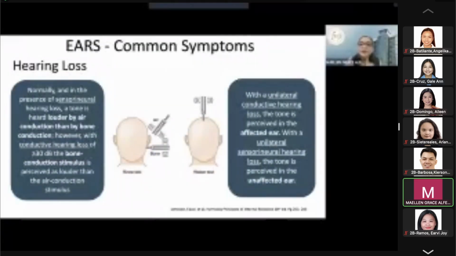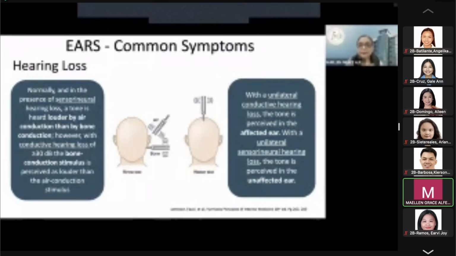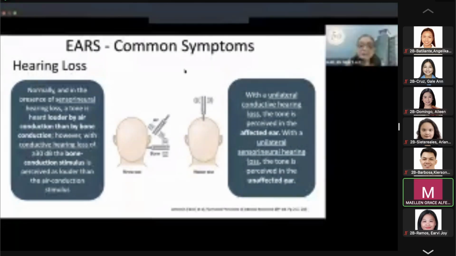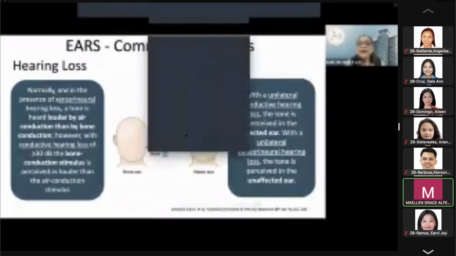Okay, so the first test would be a Weber test. Now, you put a tuning fork at the middle of the forehead or the head, and you try to test the hearing of the patient. Now, let's say you have a problem on your right ear, and so that will have hearing loss on the right.